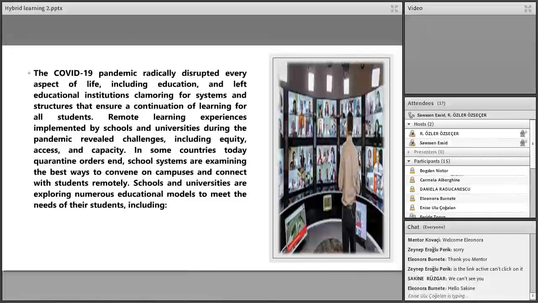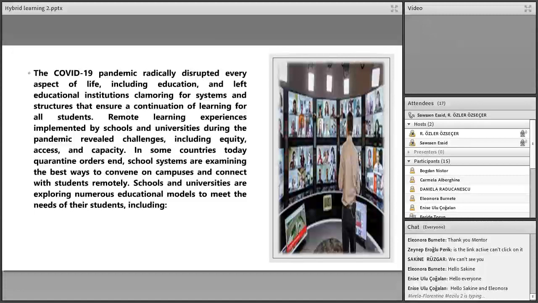We are living in a critical situation due to the pandemic, which radically disrupted every aspect of life, including education, and left educational institutions clamoring for systems and structures that ensure a continuation of learning for all students. So what is the solution? We really need effective tools and effective methods to overcome these situations, and this method is basically remote learning experiences.